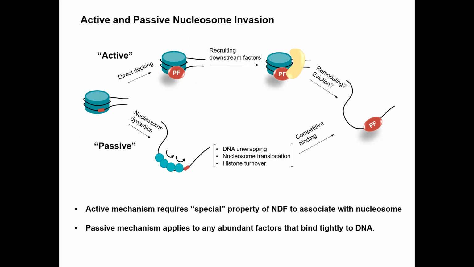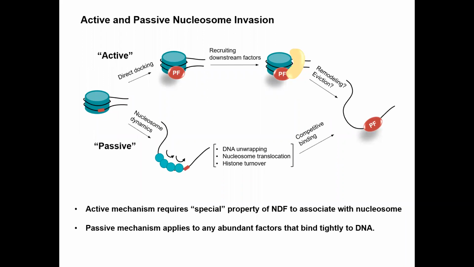So a major difference between the active versus the passive model is that for the active model, this pioneer factor needs to have some kind of special structure. It needs to know how to deal with the nucleosome. It needs to be structurally compatible. But the passive mechanism applies for any factors, as long as they can bind tightly to DNA.